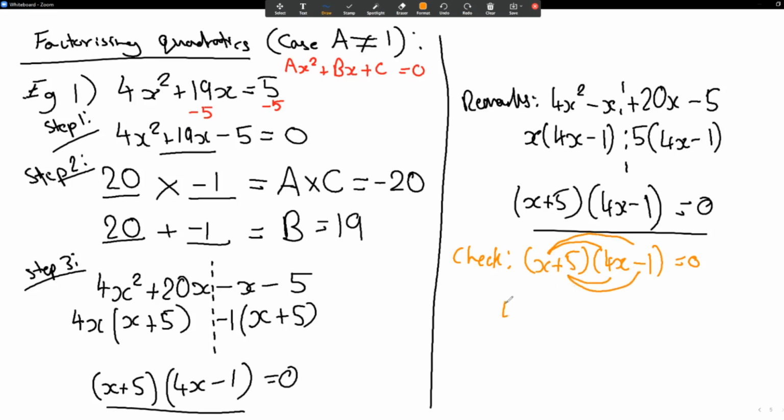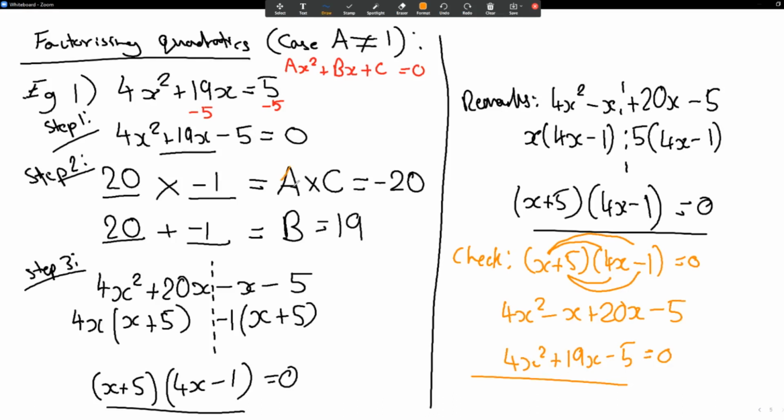So x times 4x is 4x squared. x times minus 1 is minus x. 5 times 4x is 20x. And 5 times minus 1 is minus 5. And then if we put those two together, we get 19x. And we're back to our quadratic form. So we can always check our answers using that.